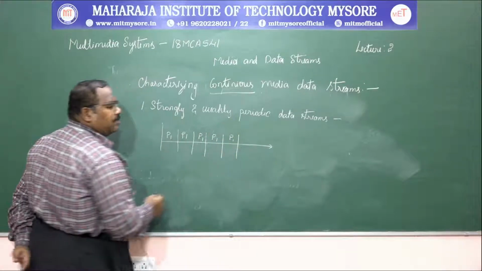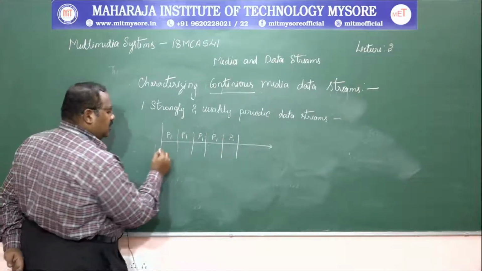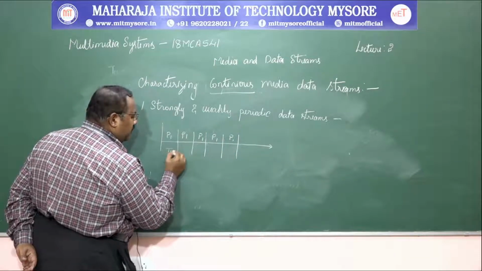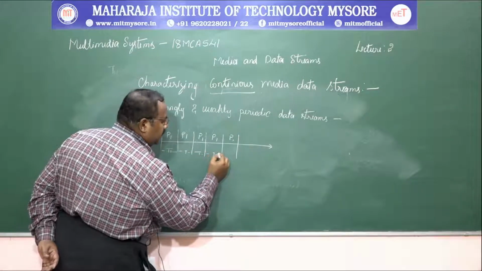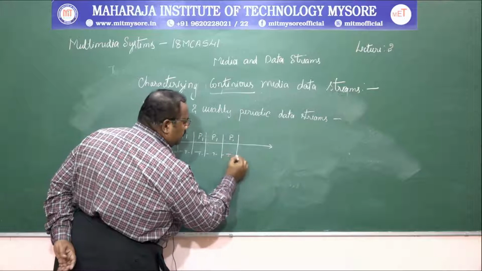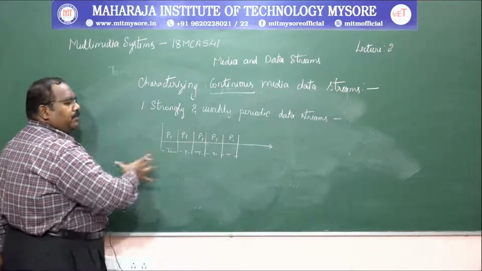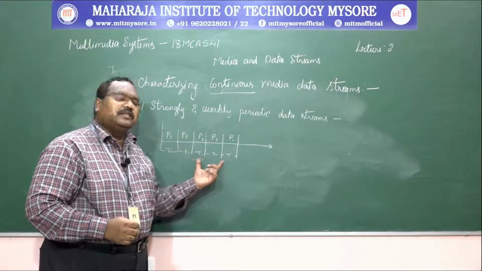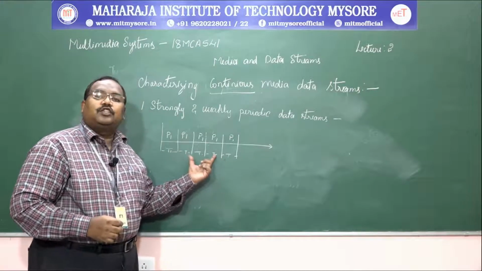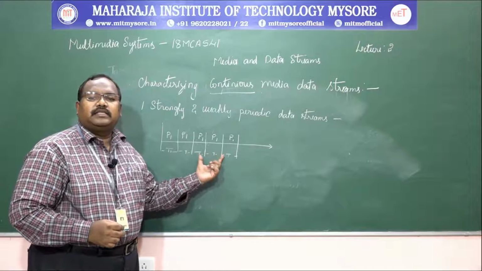Why do we call all of these P1? Means almost all the time intervals of all the packets are the same. Over a period of time, all the packets are equally paced. So we call this a strongly periodic data stream.